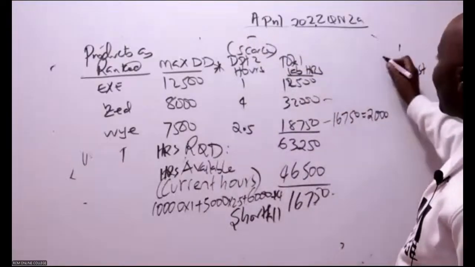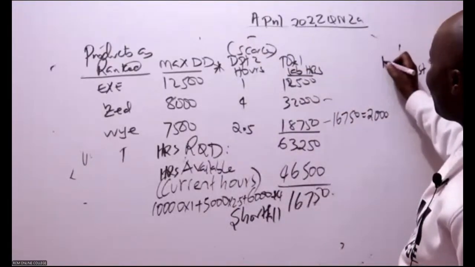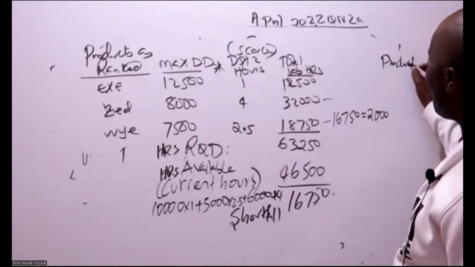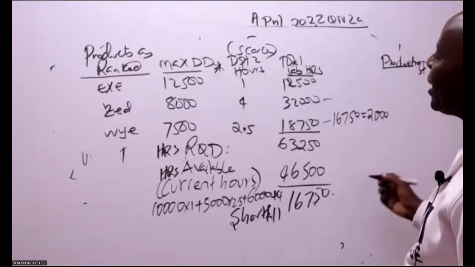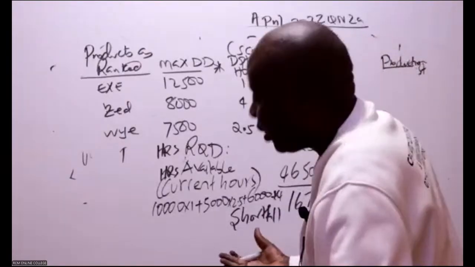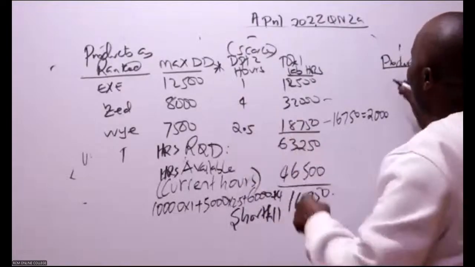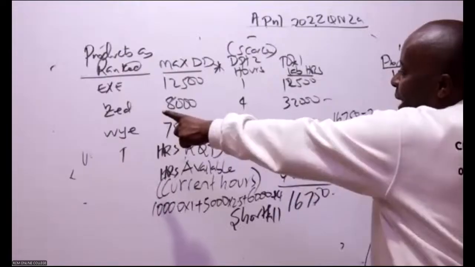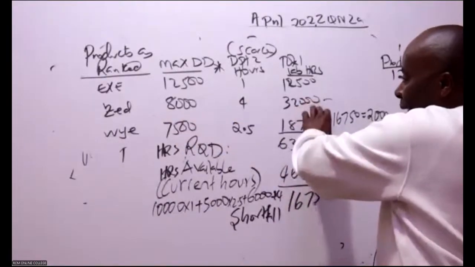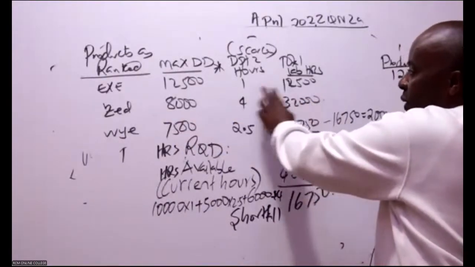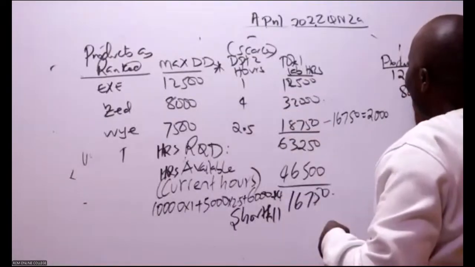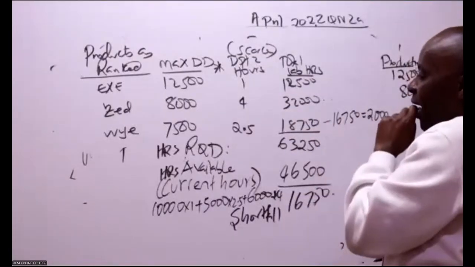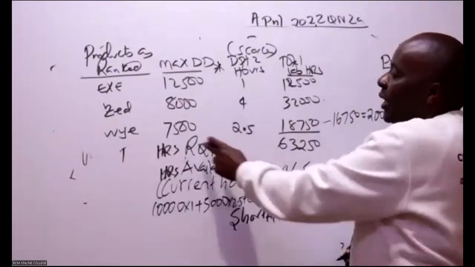So for X, I'm not going to reduce anything. I'll produce 12,500. While Z, again, I'm not deducting any time here. So here I will produce everything, 8,000. But now here, I can't produce 7,500.